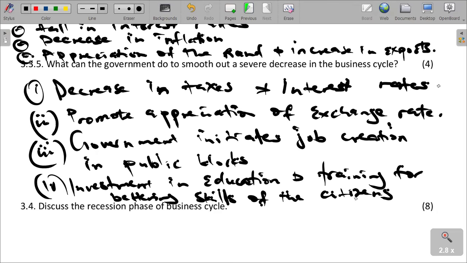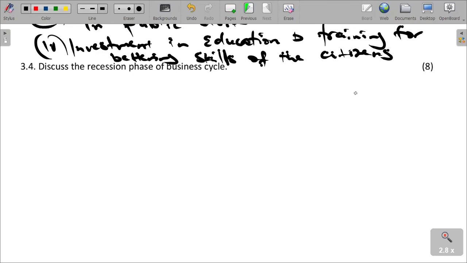Government invests in skills development in order to improve the skills of their people. That is very important as well. And then let's discuss the recession phase of a business cycle.